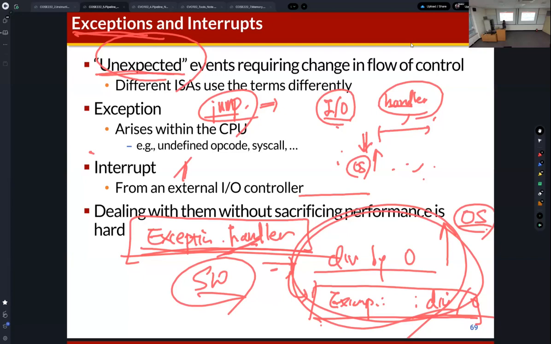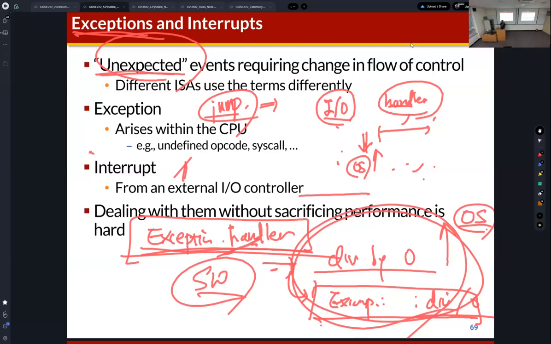If interrupts or exceptions occur, they should be detected by hardware, and these exceptions and interrupts are handled by the operating system, the software, right?